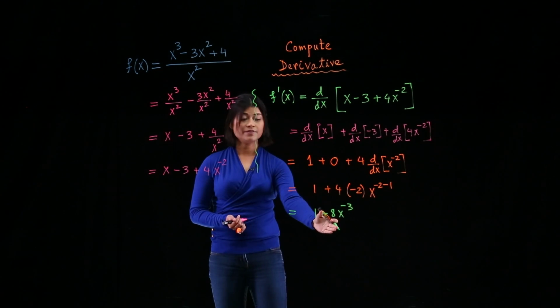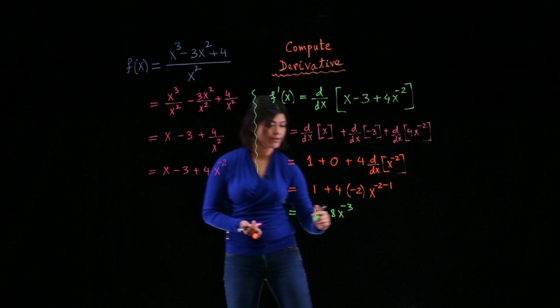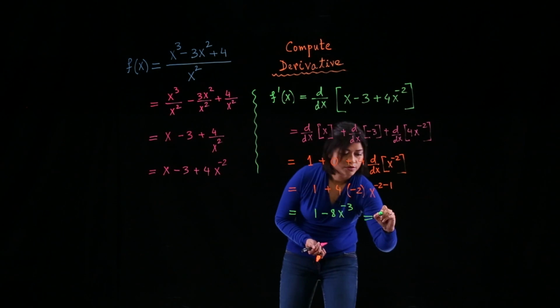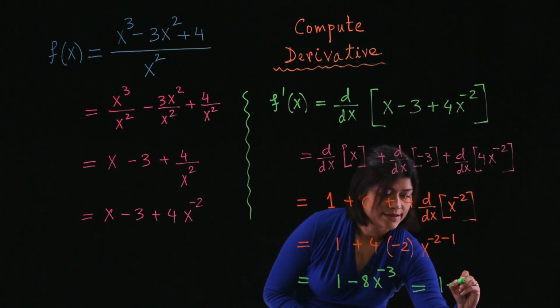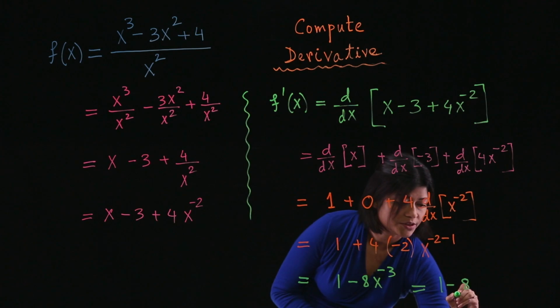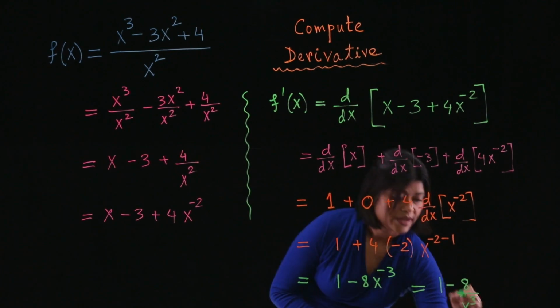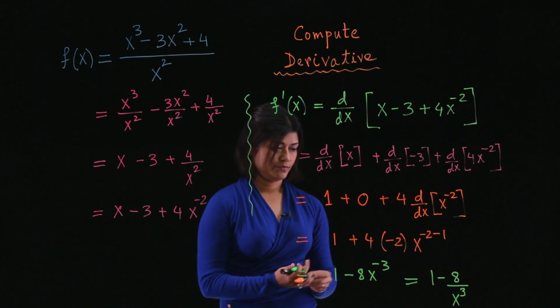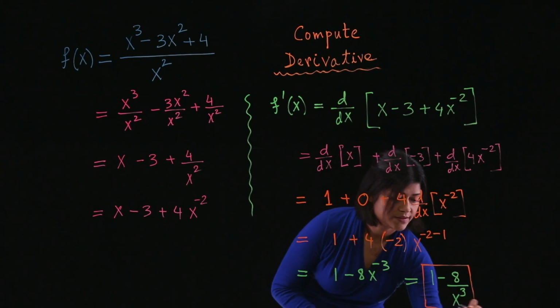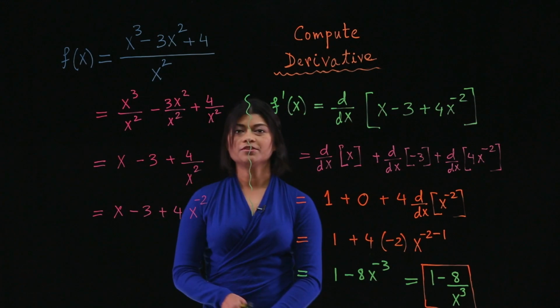So this is our derivative. If you want, you can rewrite it, making this exponent positive. So this is 1 minus 8, and since it's x to the power negative 3, you bring it in the denominator as x cubed. So this is the derivative of the original function.